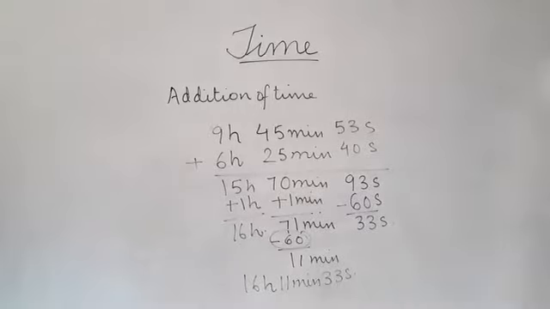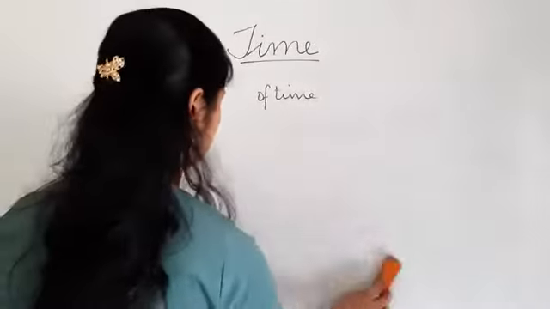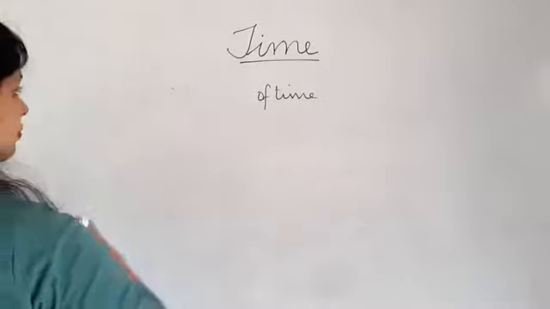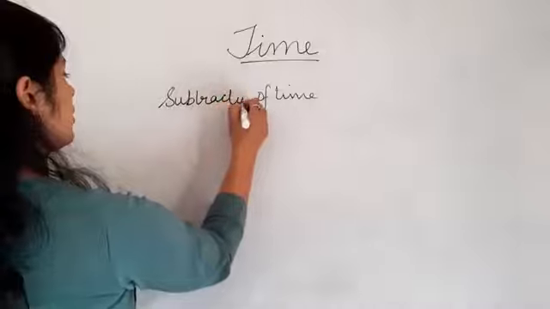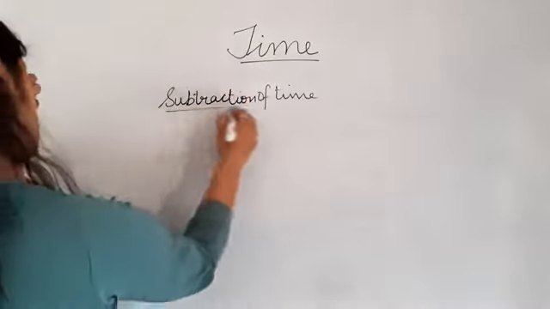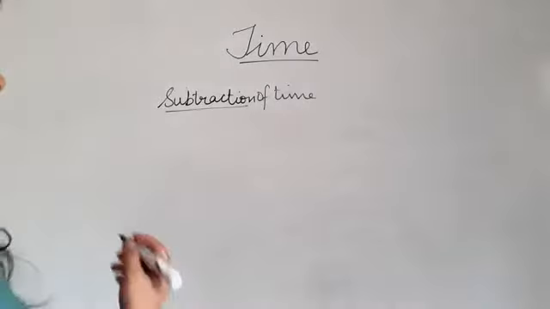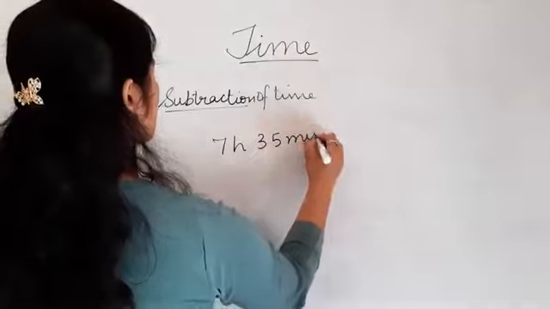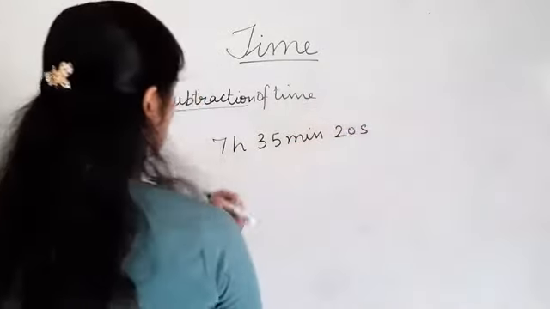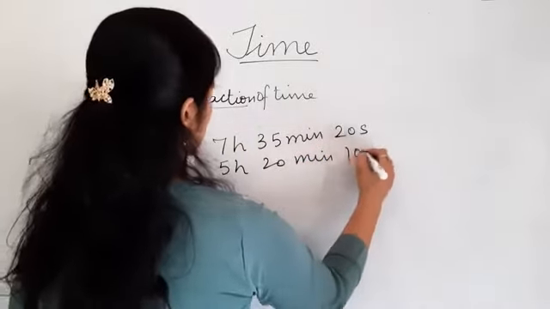Now I will explain subtraction of time. So in the same way, when we are subtracting, suppose we are having 7 hours 35 minutes 20 seconds minus 5 hours 20 minutes 10 seconds.